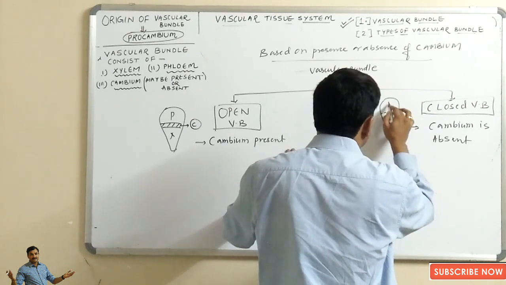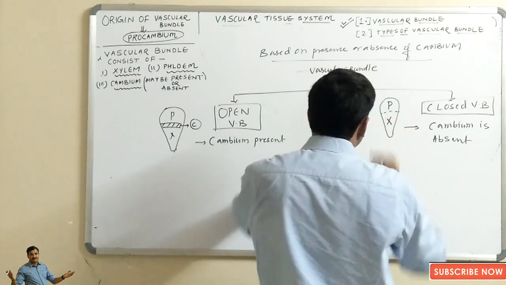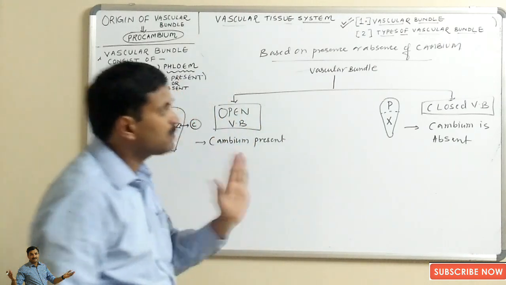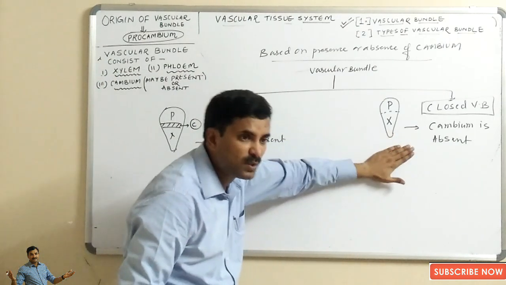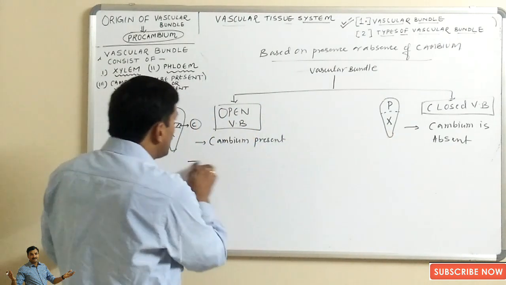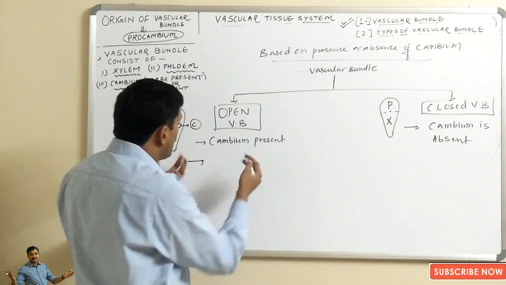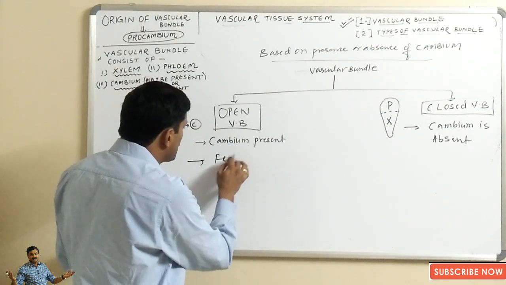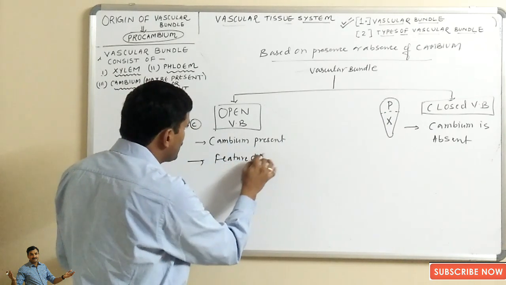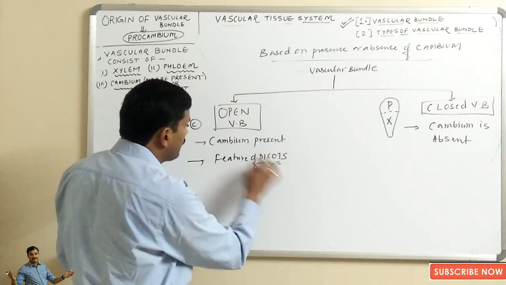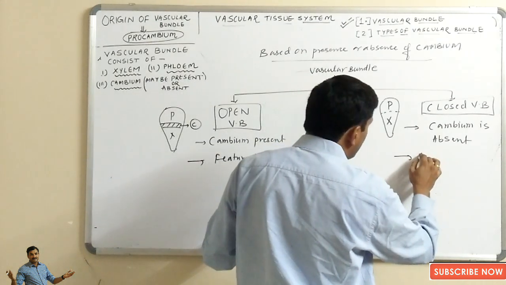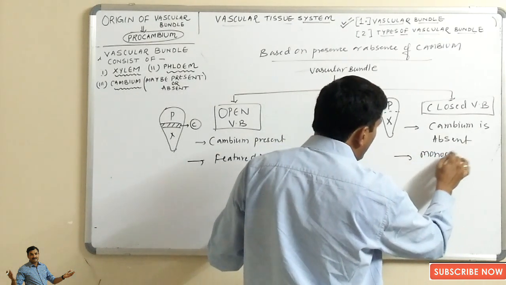The closed vascular bundle. Here is the phloem, here is the xylem, but you can see here that I have not made the cambium. So this is closed vascular bundle and this is open vascular bundle. Now where are open vascular bundles present? Open vascular bundles are the feature of dicots, and closed vascular bundles are the feature of monocots.